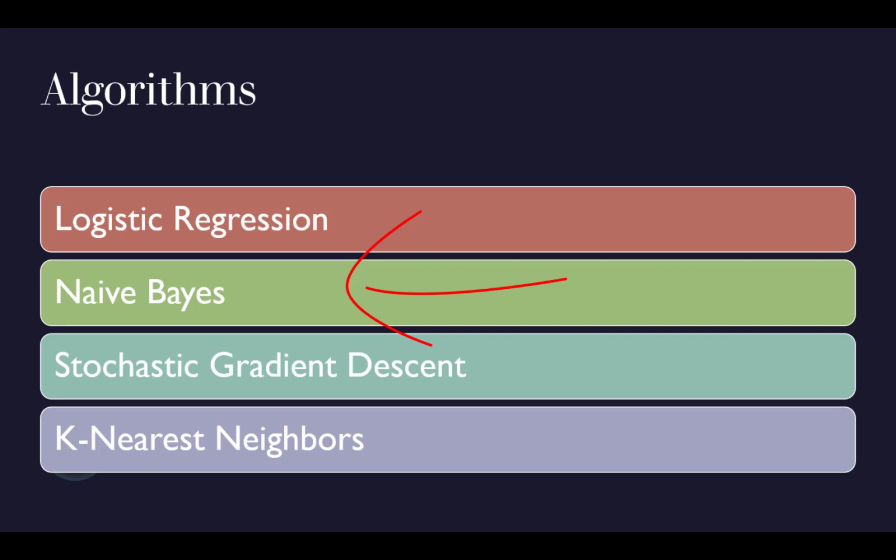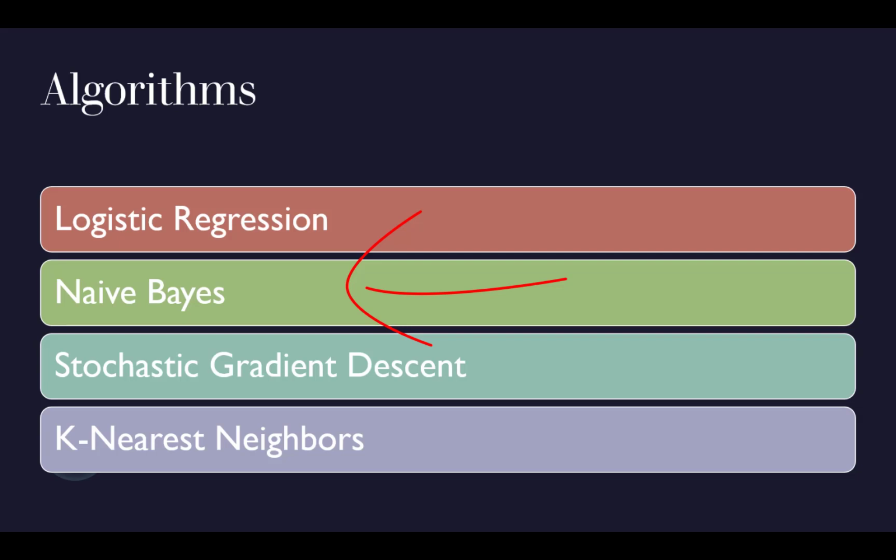Maybe you just don't have access to a huge amount of data, so that algorithm can be perfect for your specific needs in that case. The only disadvantage is that they are known to be a bad estimator.